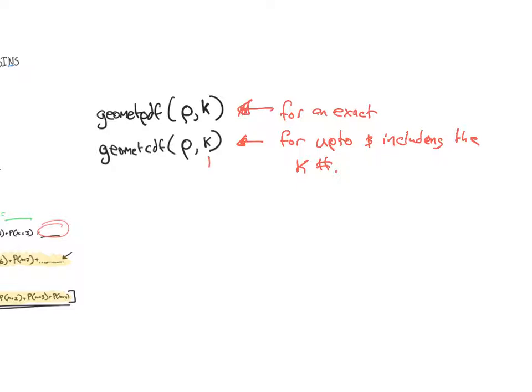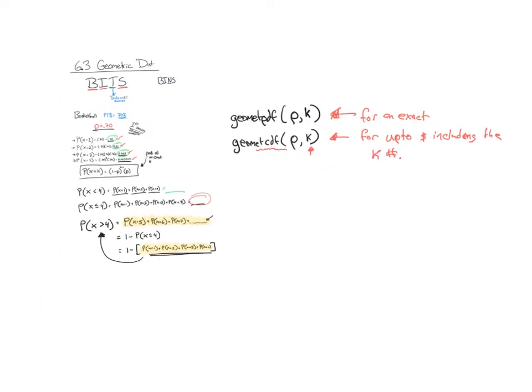Whatever that K number, whatever it is you plug in there, it's going to calculate up to and including the K value, right? So let's try this real quick. Watch this. I'm going to go geometPDF in my calculator, and I'm going to put 0.70, that's my probability of success, and the probability that they get it on the third shot. So that's under my distribution tab. So let me put that up here for you.